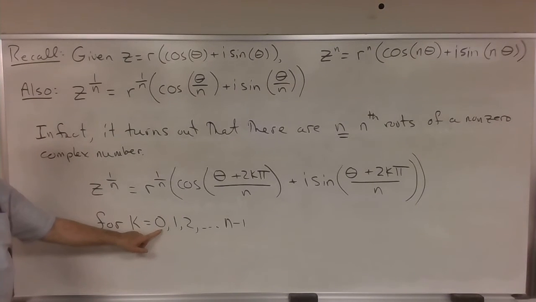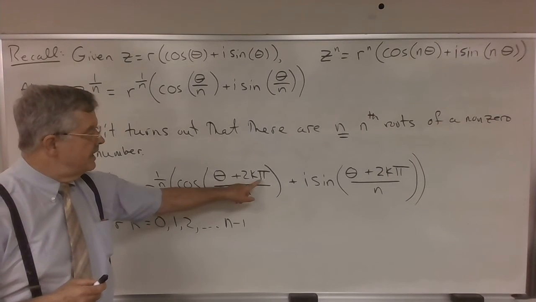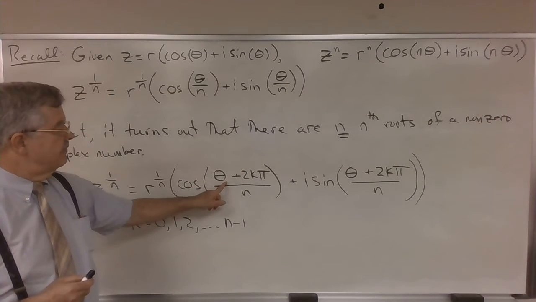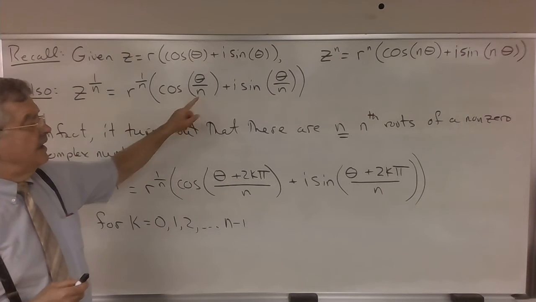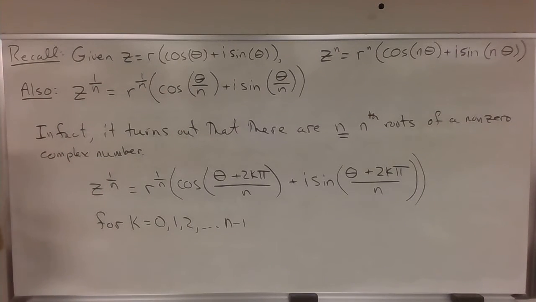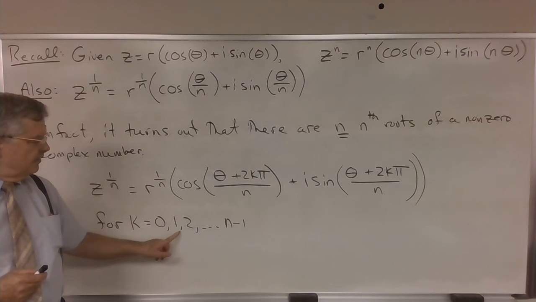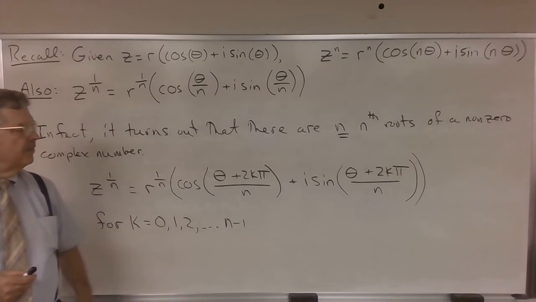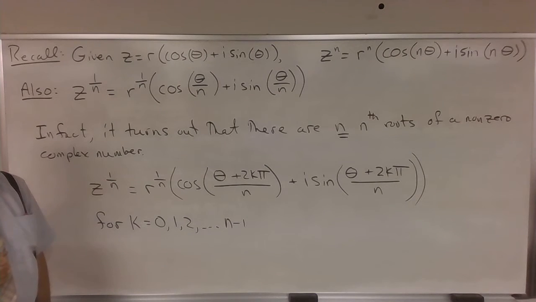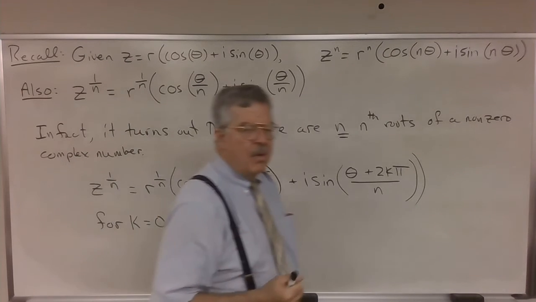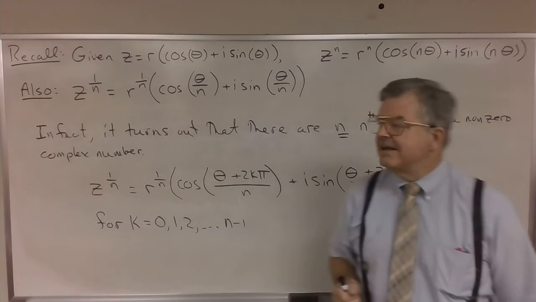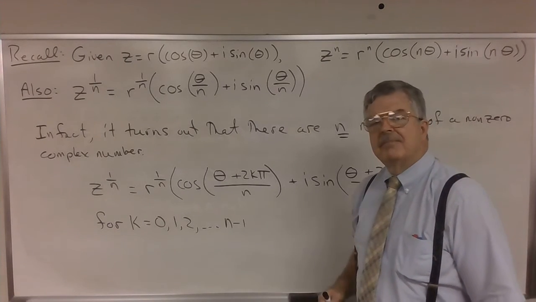Note, if k is equal to 0, then 2k pi is just 0, and we have theta over n, as we do up here. But as we let k range through the values from 0, 1, 2, all the way to n minus 1, this generates all of the nth roots of a complex number.